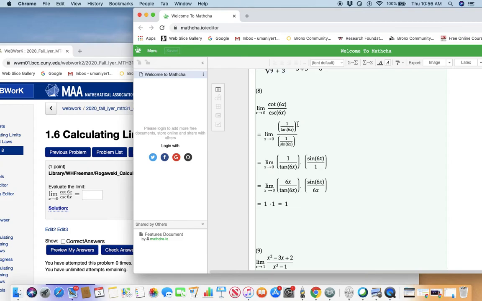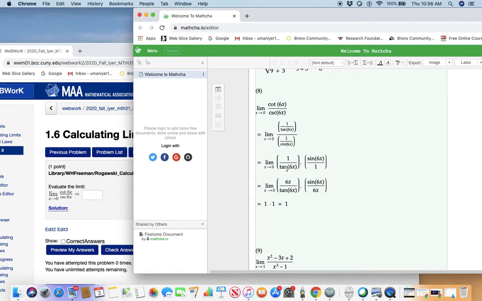A fraction divided by a fraction. How do I divide by a fraction? Multiply by the reciprocal. So that gives me 1 over tan 6x times sine 6x over 1. So I'm taking the limit as x approaches 0 of this entire expression.